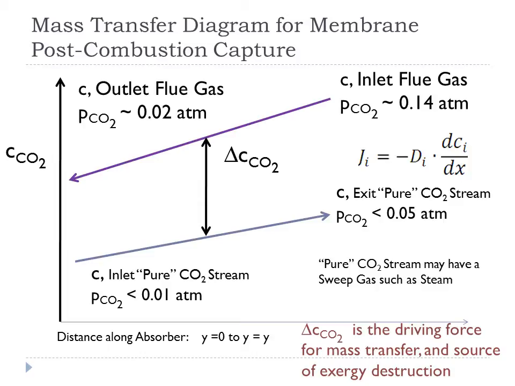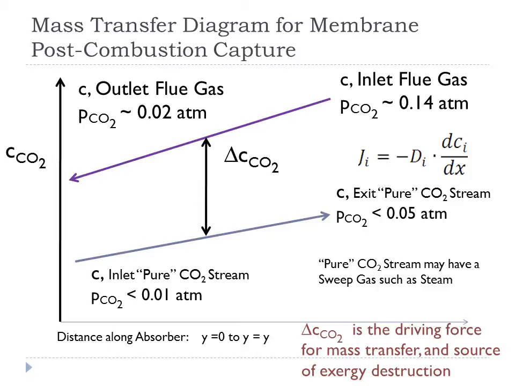Because membrane processes happen at constant temperature, I'm going to be interchangeably using partial pressure and concentration. So when I say that the driving force is a gradient in the concentration, what I mean is that there's a gradient in the partial pressure, because the difference is just R times T, and T is a constant.